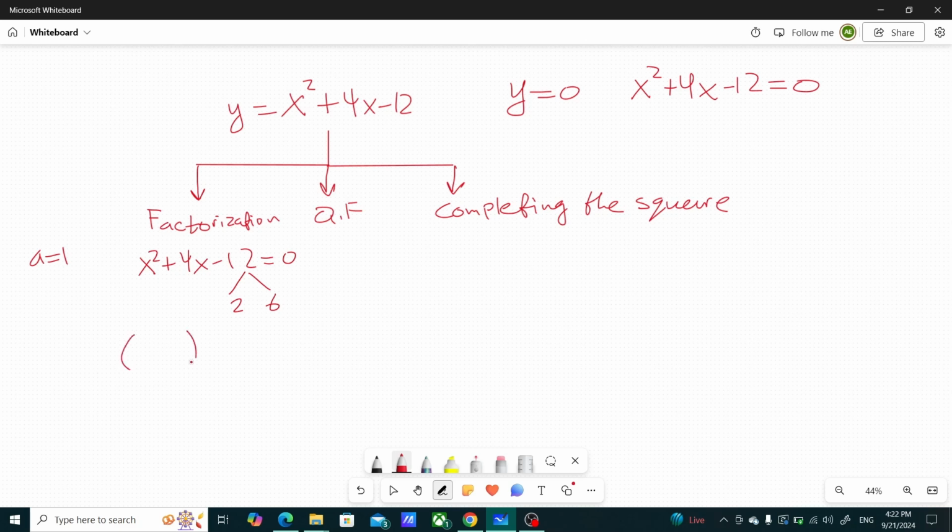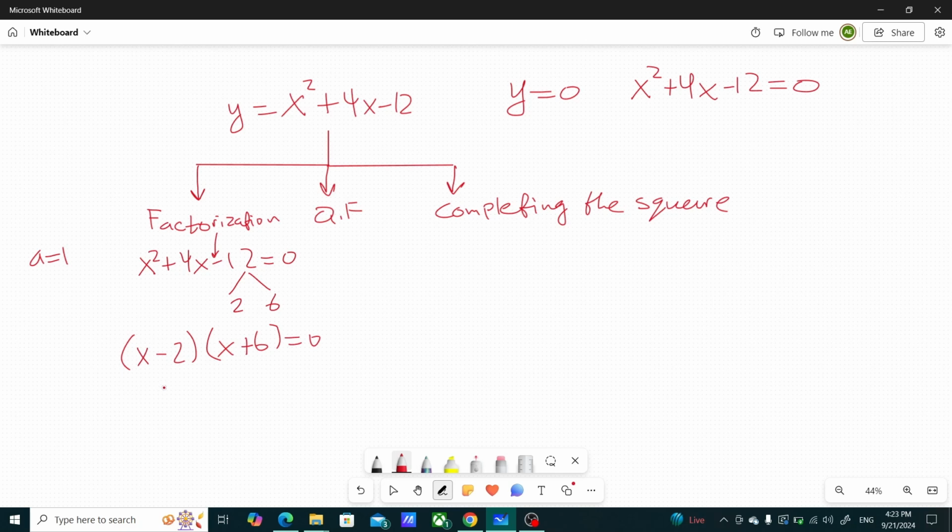So I will open my brackets, put my x, put my two factors 2 and 6. Again, since this is a minus, the bigger factor will win the middle sign. So the middle sign is positive, the bigger factor is 6, so 6 is going to have the positive sign, and 2 is going to have the opposite sign.